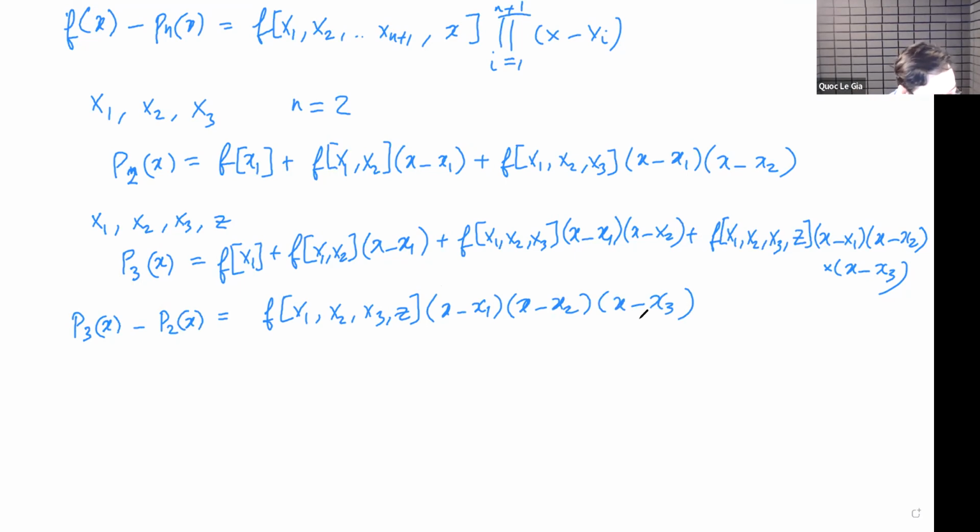But remember, we still have the function f. We assume that P3 interpolates f at the points x1, x2, x3, and z.